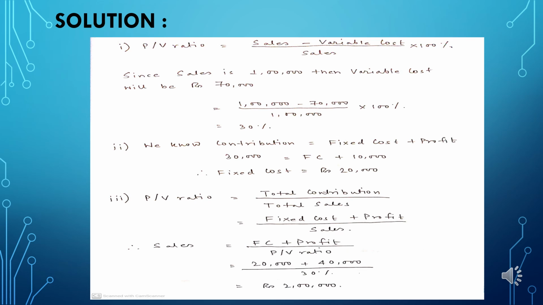If we put in the values, we put the fixed cost, which we have already calculated at 20,000, and the profit we want to achieve, which is 40,000. Most importantly, we have previously calculated the PV ratio to be 30%. Calculating that, we easily get the sales value as rupees 2 lakh.